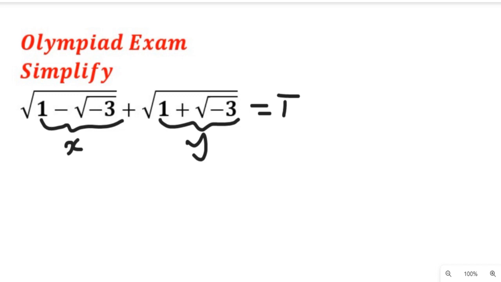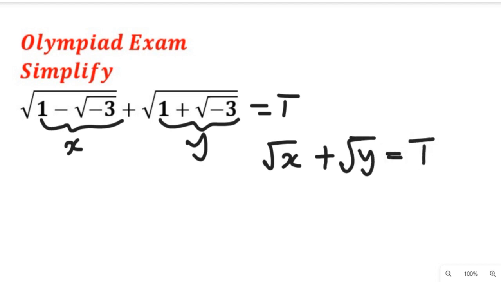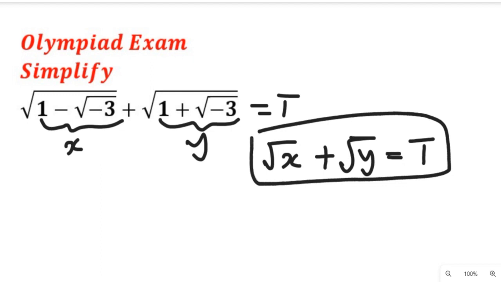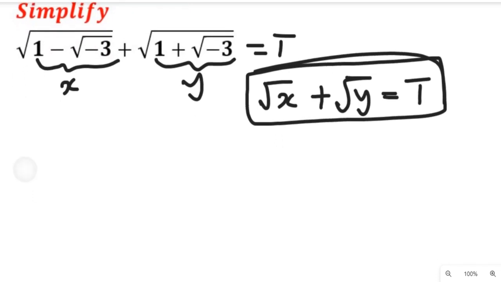We can now simply say that this whole expression becomes the square root of x plus the square root of y, and this is equal to t. The solution to this is paramount to the solution of what we have above.